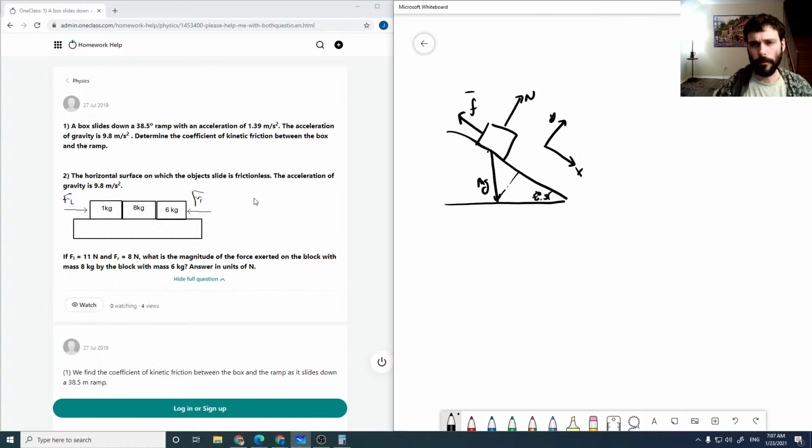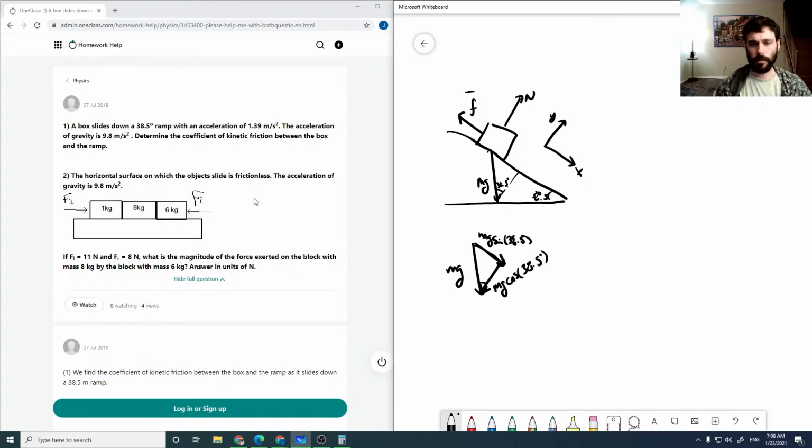If we draw our perpendicular, then this here is our 38.5 degrees. So our mg force here can be decomposed into mg cos 38.5 and mg sine 38.5. And to give them some direction here, right, there's going to be pointed down and pointed down.